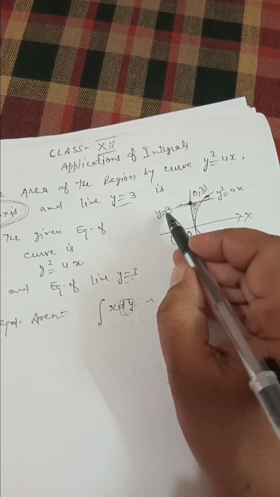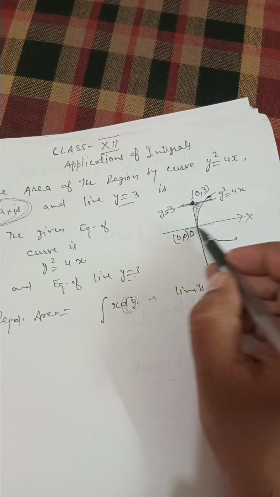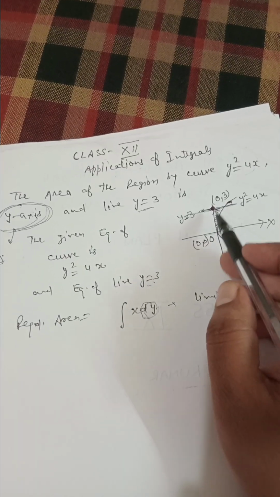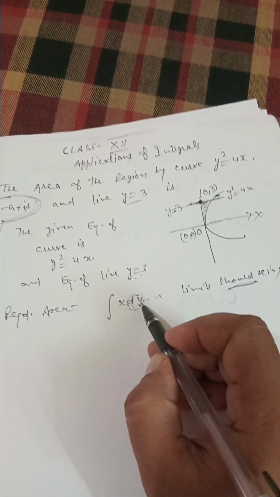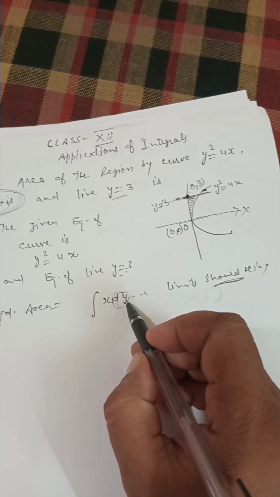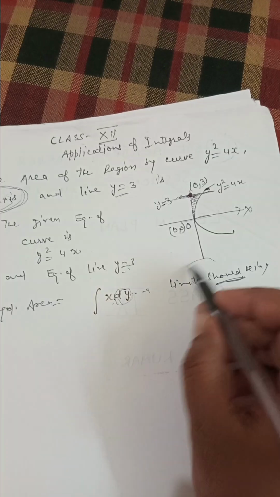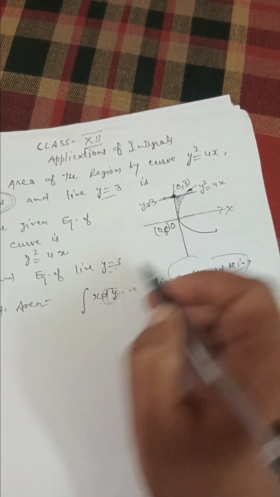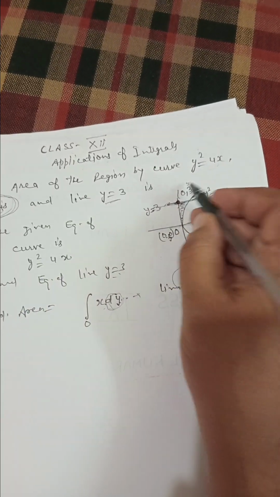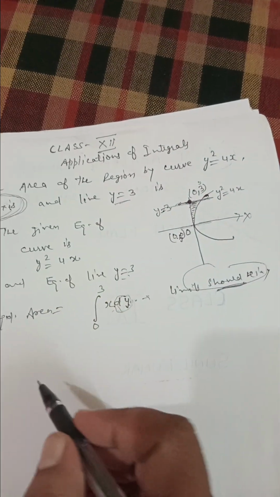Since the line y equal to 3 is parallel to the x axis and we find the area along x dy, we integrate with respect to y, starting from y equal to 0 to y equal to 3.